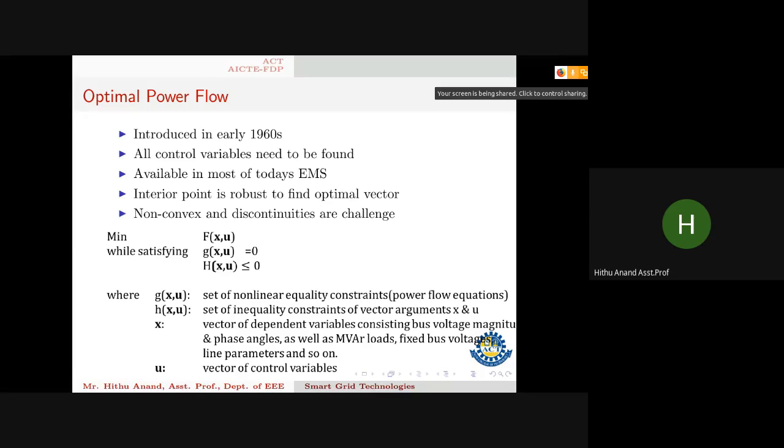If you are able to include the consumer choice in the problem, the energy management system can control the generation side, that is the utility, as well as the distribution side consumers. That is the problem we have to work on.